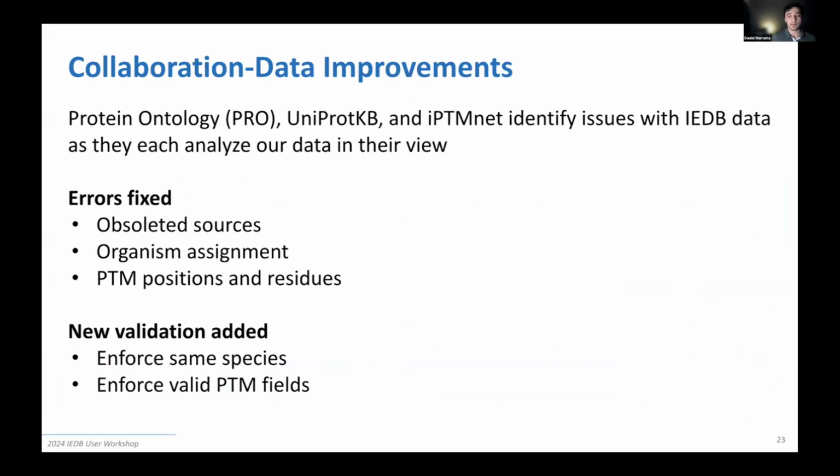And a part of this collaboration was also useful for us as we've improved our data based on things that we found, like protein IDs that were no longer valid, or an organism that was assigned wrong based on our curation or the paper, or post-translational modifications that were just not valid or impossible. So we've been able to update and improve our data based on this collaboration, and enforce new rules for the future so that we can catch these things as they come in.